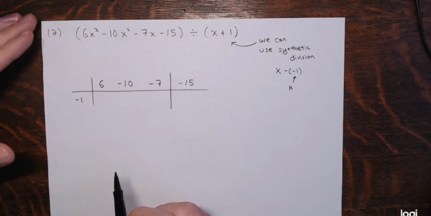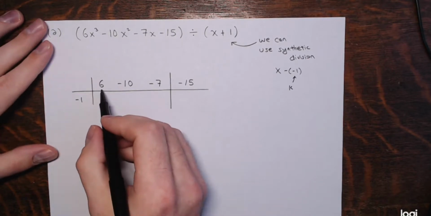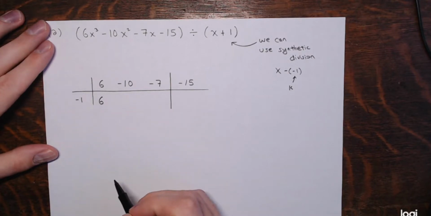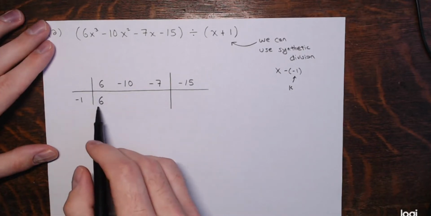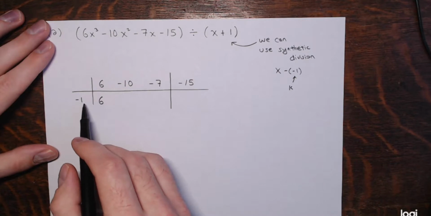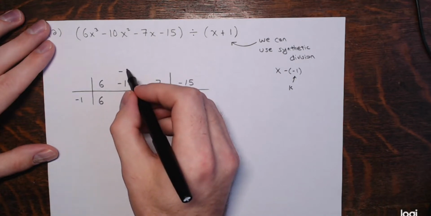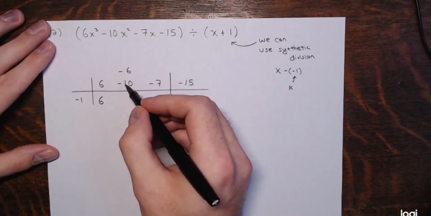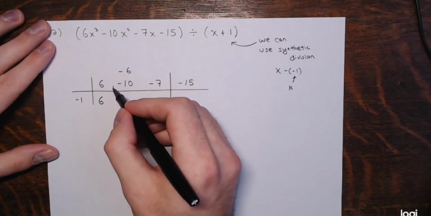Now the steps. The lead coefficient, you just copy it, 6. Then we multiply by k, so -1 times 6 is -6. You write that above the next column. Then add -6 plus -10 is -16.